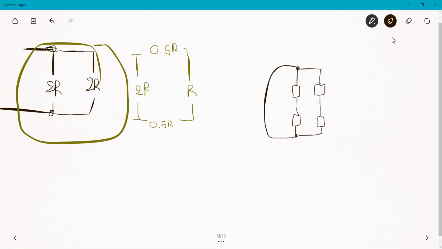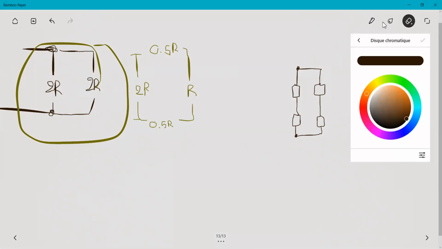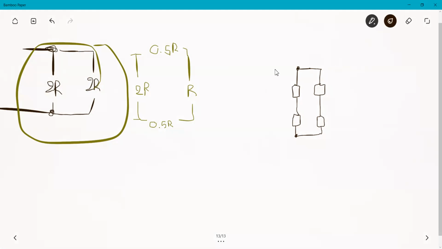But if I want to redraw it, and if you try to materialize it by a wire, it can fall down on the left, but it can actually fall in the middle, let's say. Here, this node here is the same as this node here, correct? Same here.